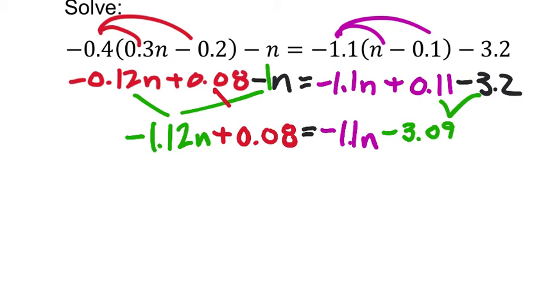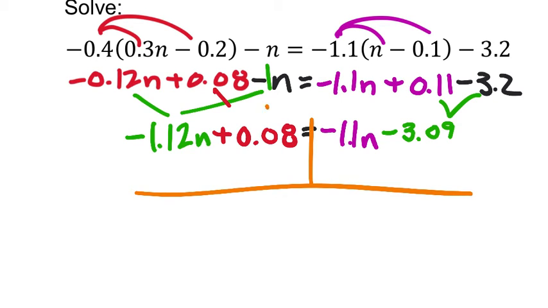I'll do this in 2 steps. I know in the last couple of problems I did it in 1 step, but 2 steps on this one. I want to put the n's on the left and then the numbers on the right. Not that you have to; if you put them on the right, you'll get the same answer. But I've got to zero out that 0.08. So subtract 0.08, but if I do it to one side, I've got to do the other side as well. Minus 0.08.